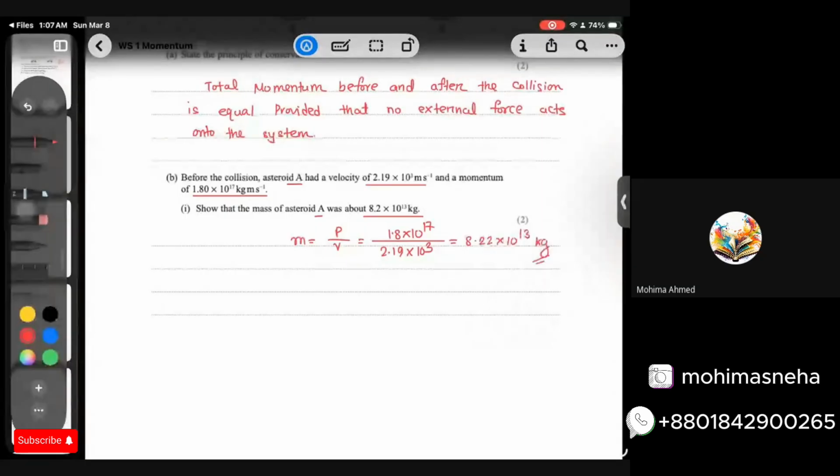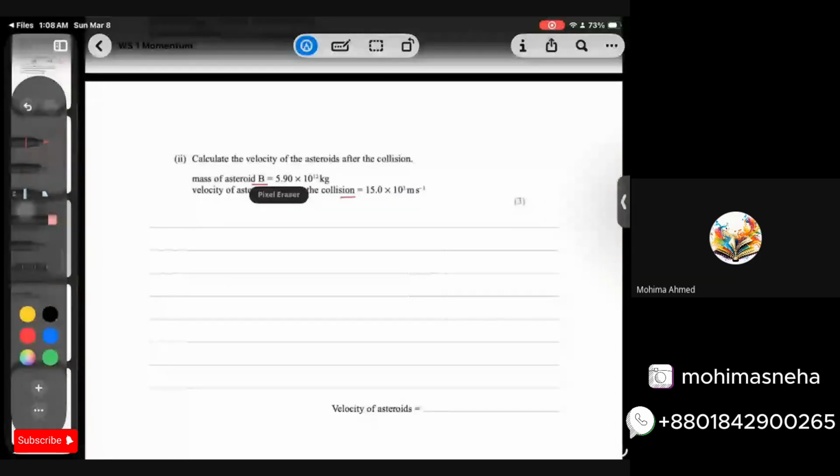That's your final answer. Then after this, they're asking to calculate the velocity of the asteroids after the collision. Asteroid B has a mass of this, and the velocity of asteroid B before the collision was this, right? So I understand the formula over here is going to be this. The basic thing is that total momentum before collision equals total momentum after collision.